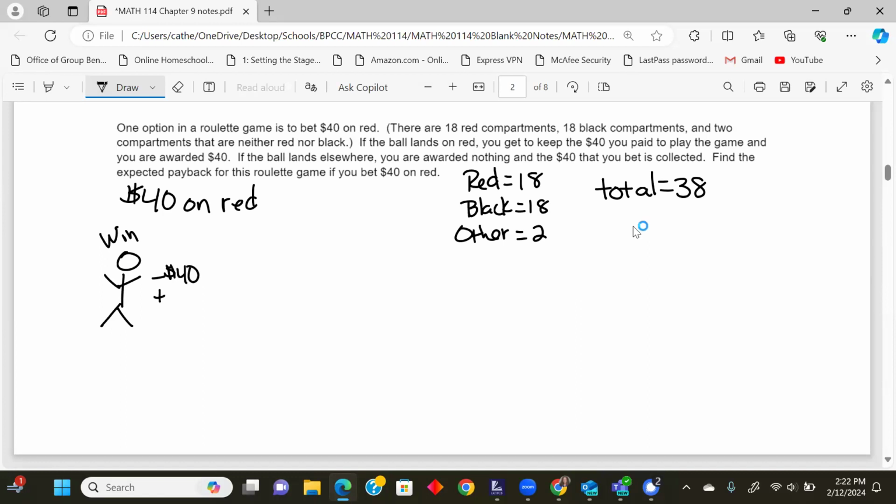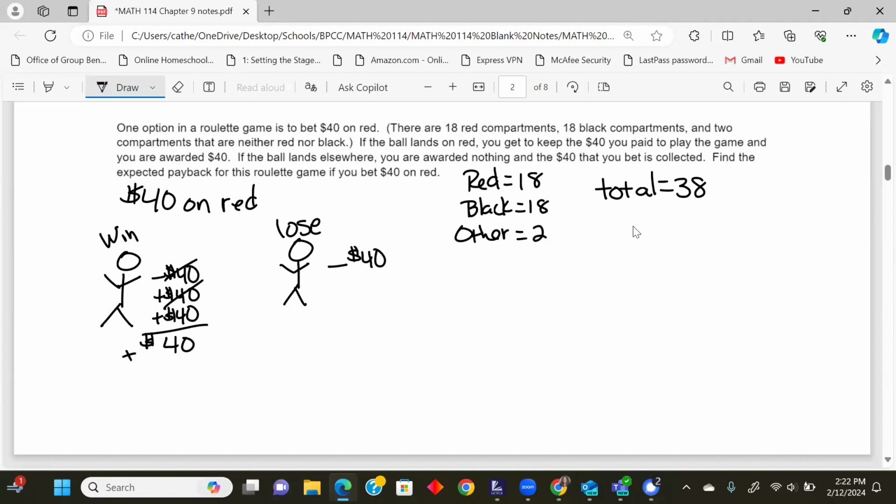If we win, we get our $40 back, plus we win $40. So how much are we up? You are up $40. All right, if you lose, you pay $40.